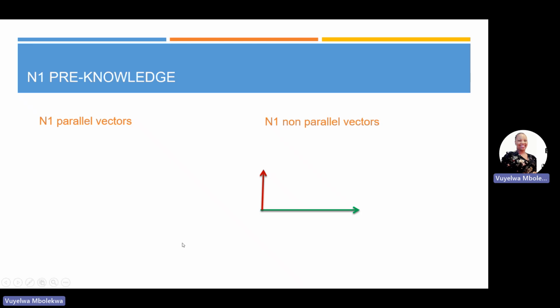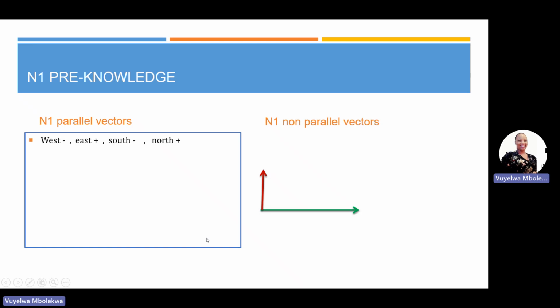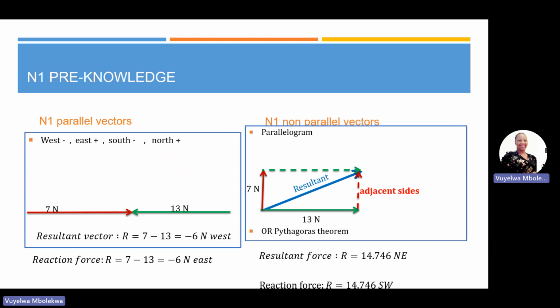So when you have parallel vectors, it means you have two vectors. They could be acting in the same direction or opposite direction, but they are on the same line. They are parallel because they are on the same line. So this is an example where, okay, let's just reveal everything because it's not doing the sequence I wanted.